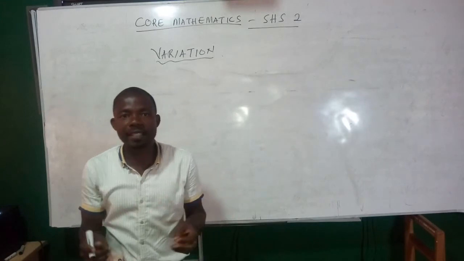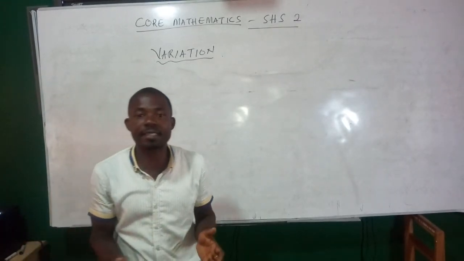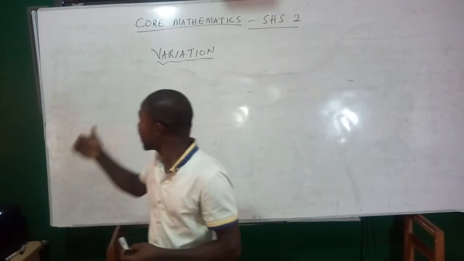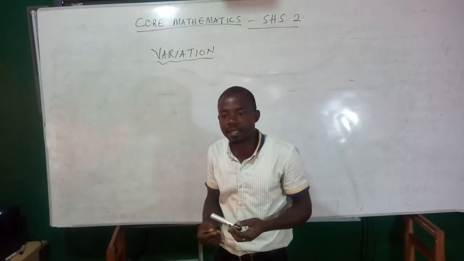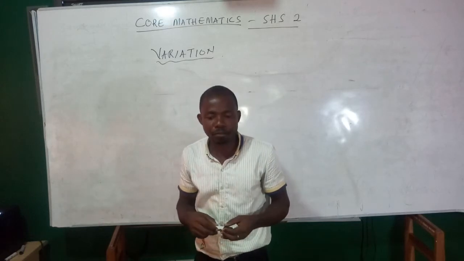As we always say, mathematics is about real life. It is with us day in, day out. So we are looking at this variation. Somebody will ask, what is variation?